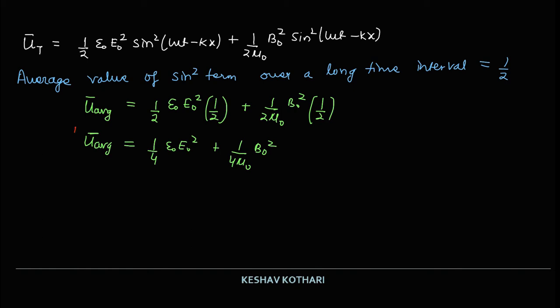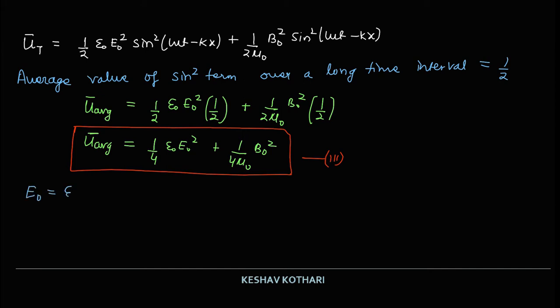This is the first complete energy density which we have attained. We will be modifying this expression in different ways. So now we are using the expression which we deduced from Faraday's law in the previous lecture, that is E naught is equal to C B naught, which I am terming as equation A over here.